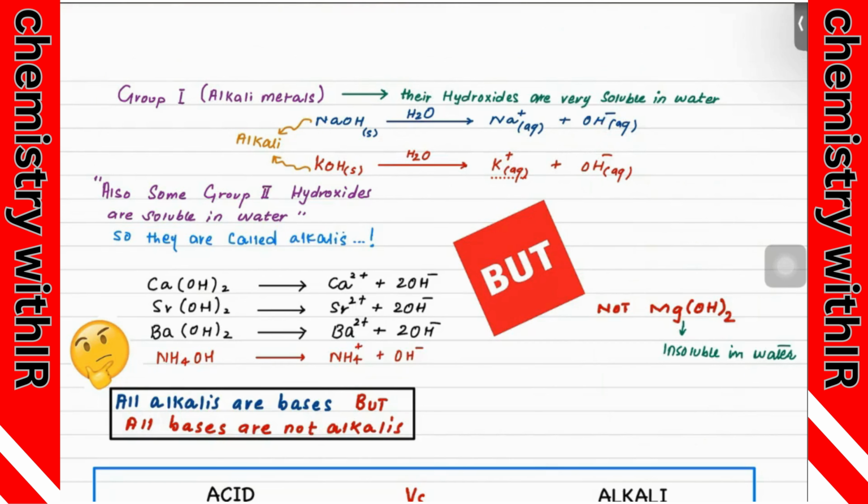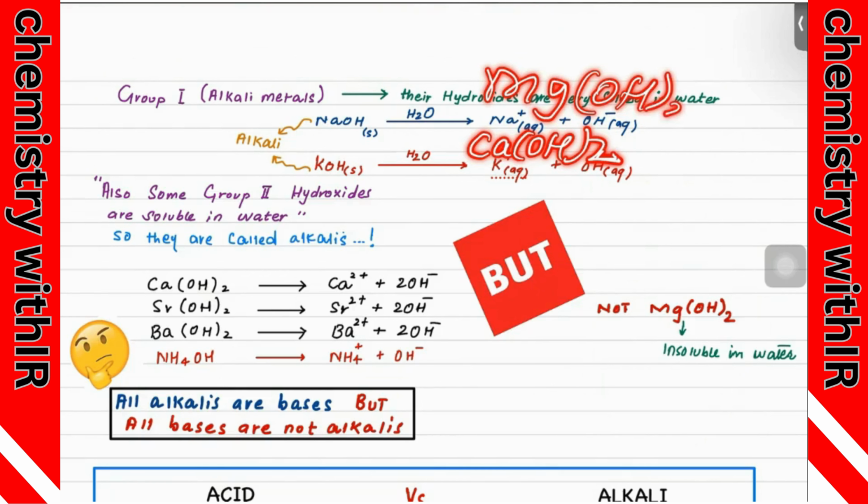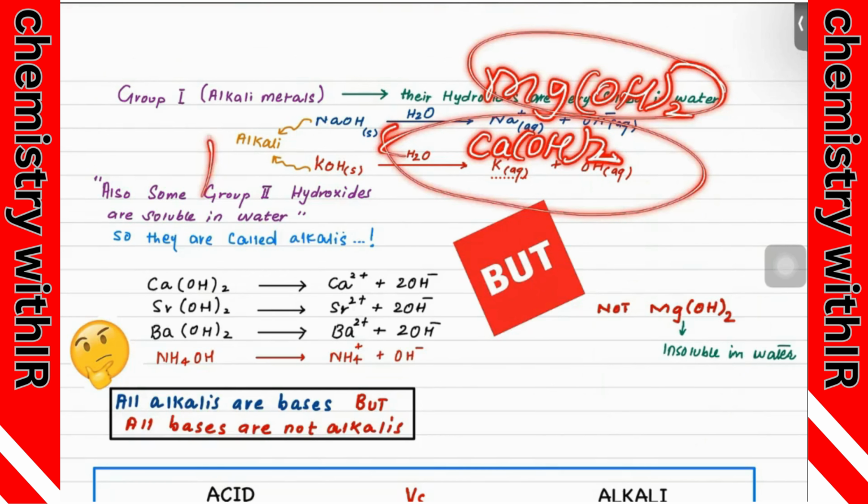And group 2 hydroxide, especially calcium hydroxide, is insoluble in water. Magnesium hydroxide has a low solubility, not completely insoluble. Magnesium hydroxide is a base. It's not an alkali because it has poor solubility in water.